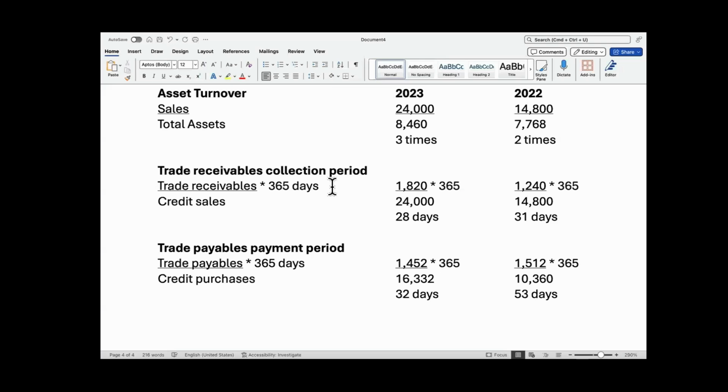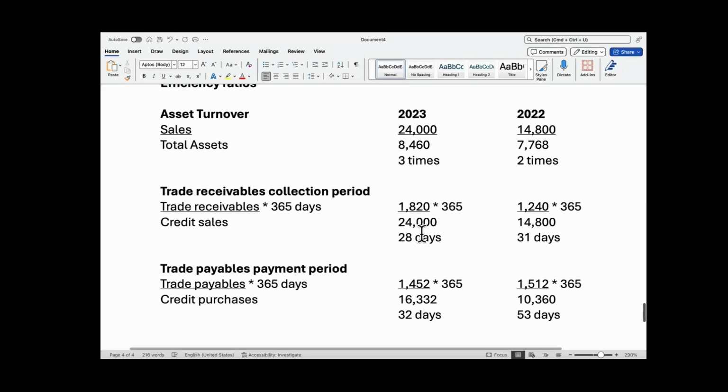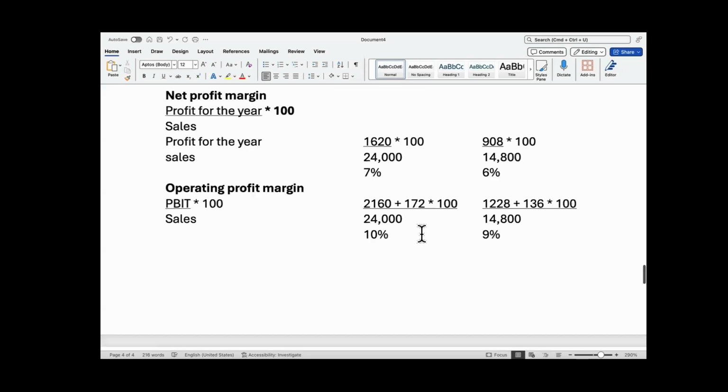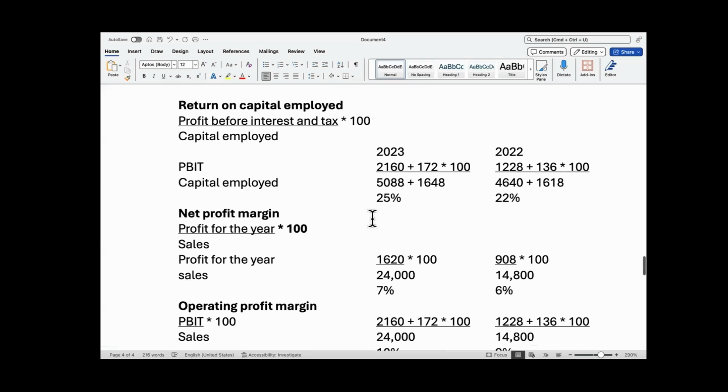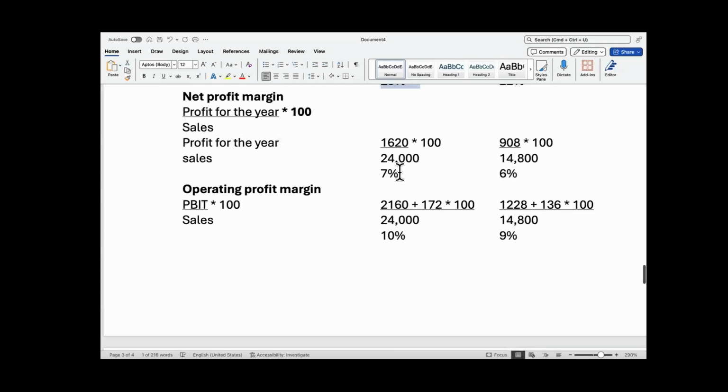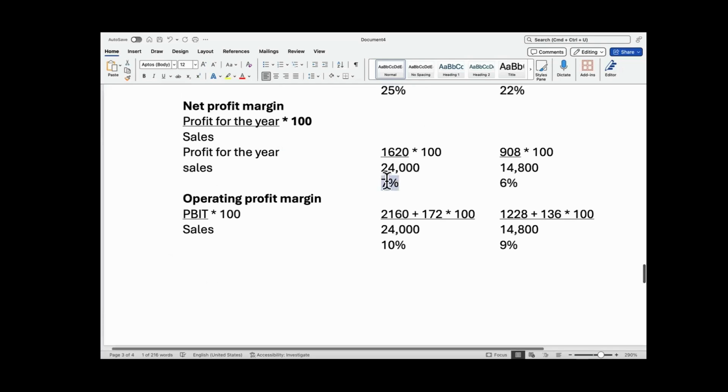Also, provided that when you look at his profitability ratios, to a large extent they look okay. It's a strong company. It's profitable. Even though the net profit margin seems small, the operating profit margin also is okay. This company is doing not so bad.